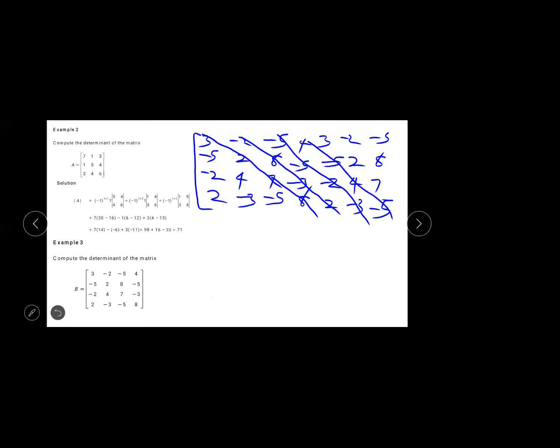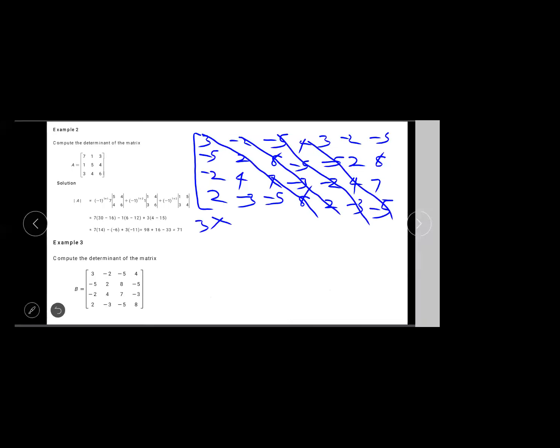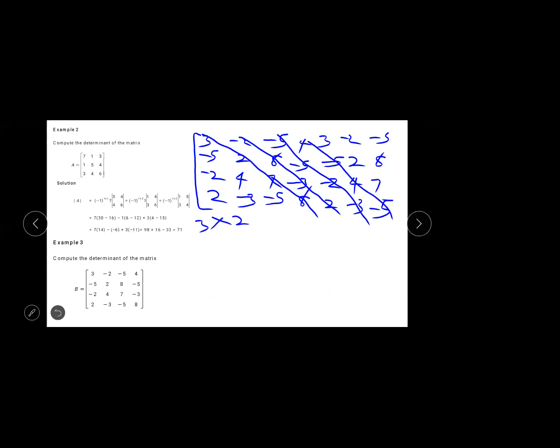That's 3 times 2 times 7 times 8. Whatever you get here, you add plus -5 times -5 times -2 times -3. Whatever you get there, plus 5 times -4 times 4 times 5.